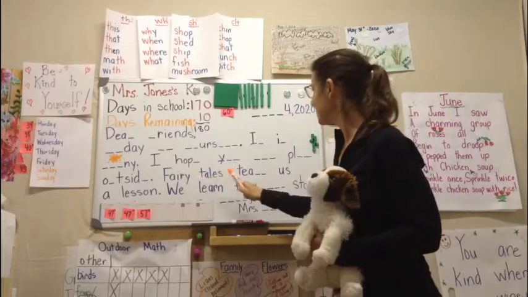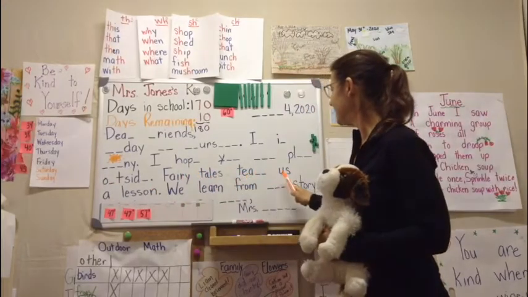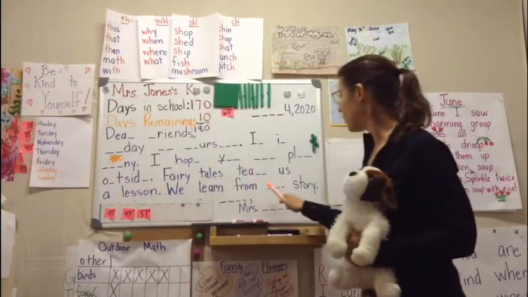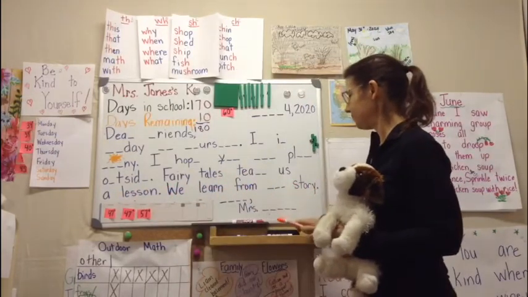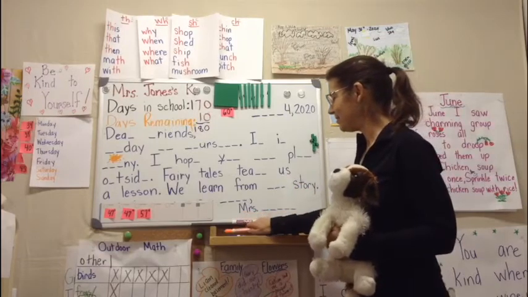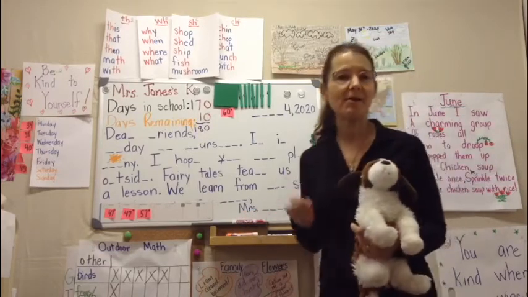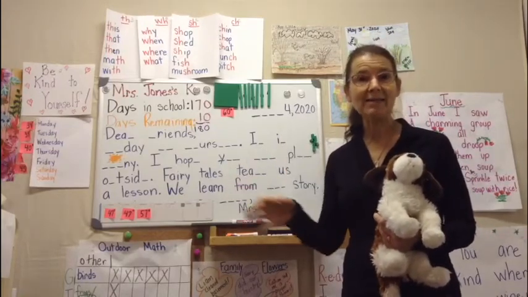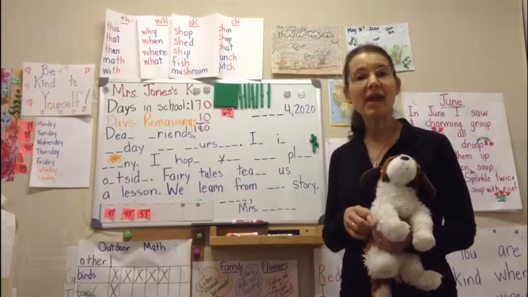Fairy tales teach us a lesson. We learn from story. And we've got the word mischievous. So we've been talking about fairy tales and how fairy tales have certain settings that are common and they have characters.